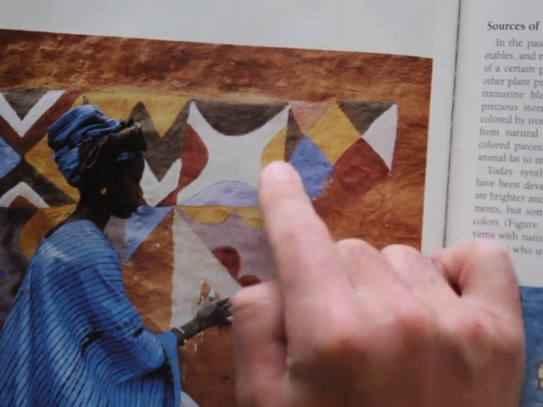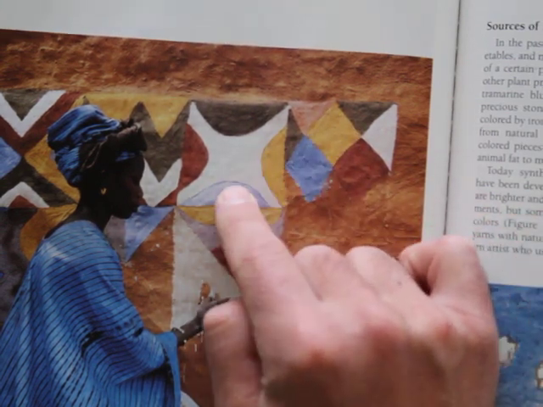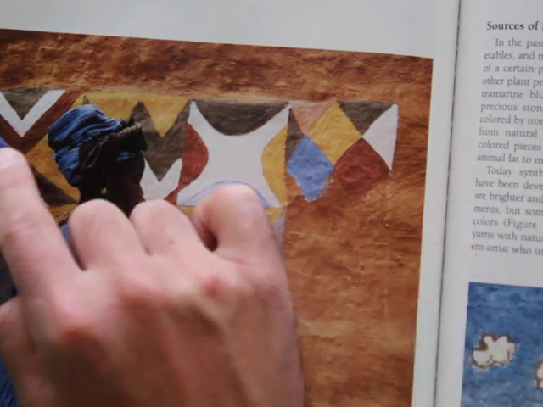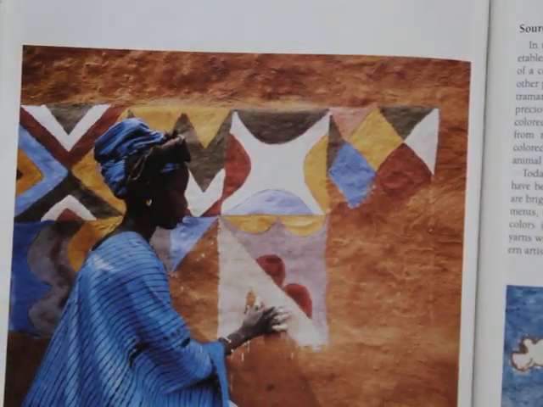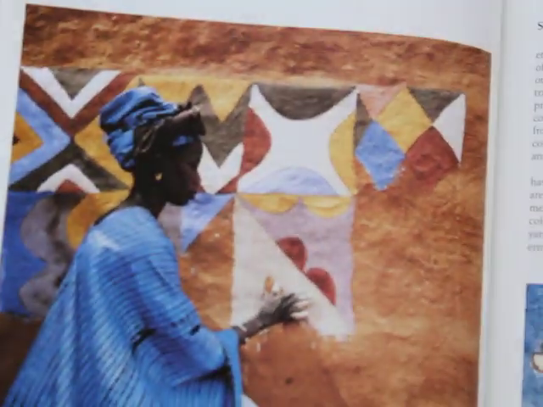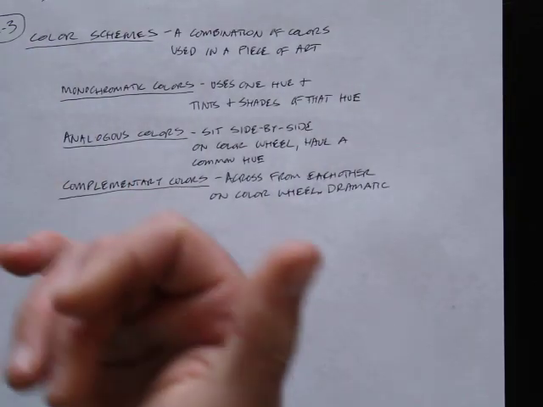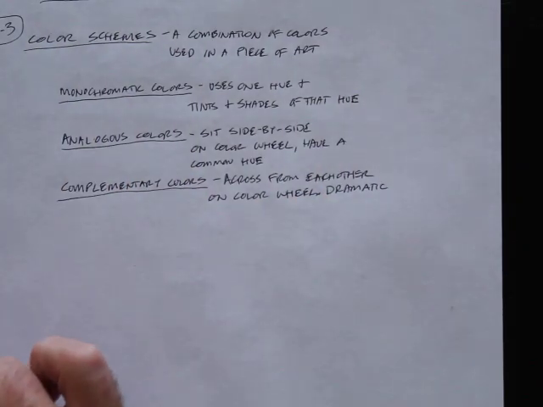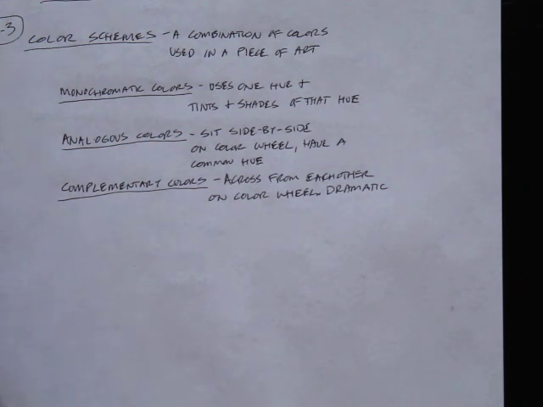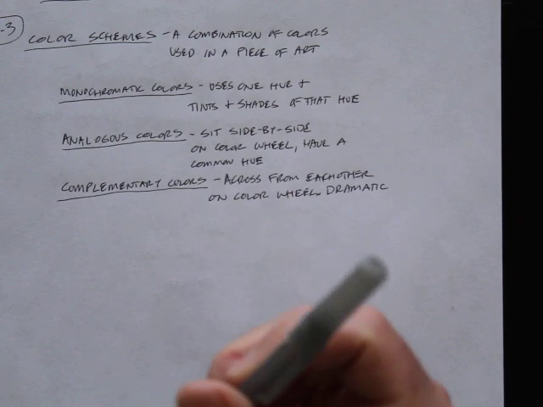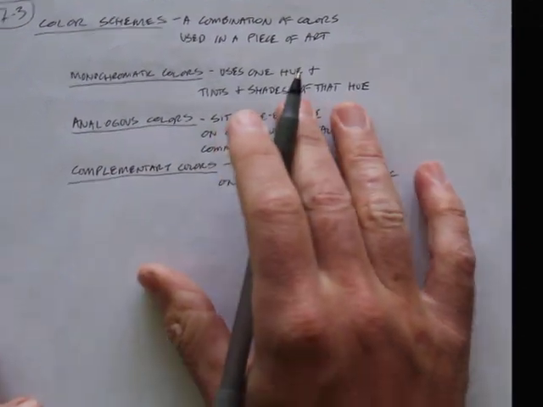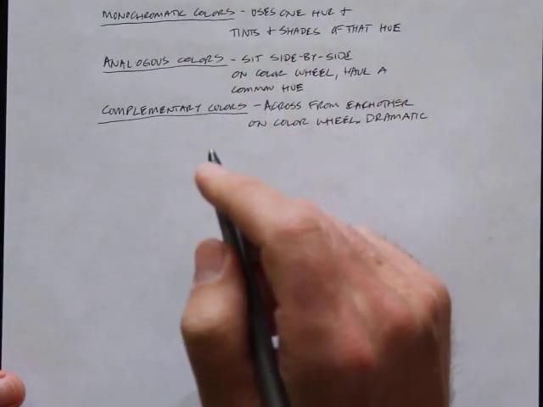The gold or orangish color and the blue make each other stand out more. And that's what complementary colors do. So you've got purple and yellow, they make each other stand out. Red and green, blue and yellow or orange, those colors that are across from each other on the wheel, they make each other stand out more.